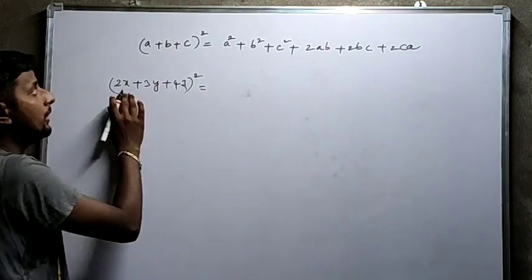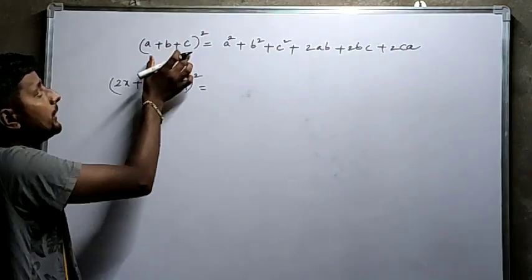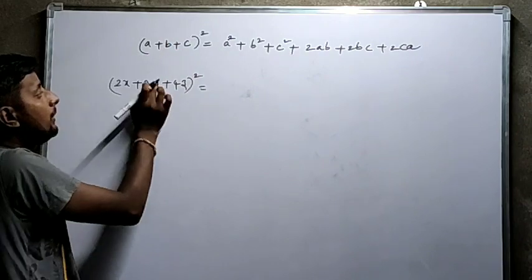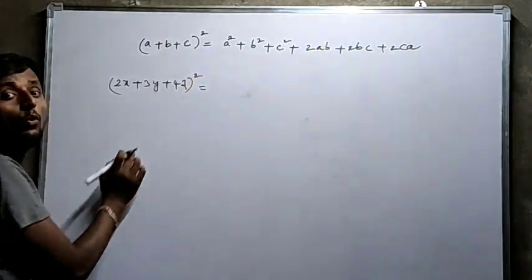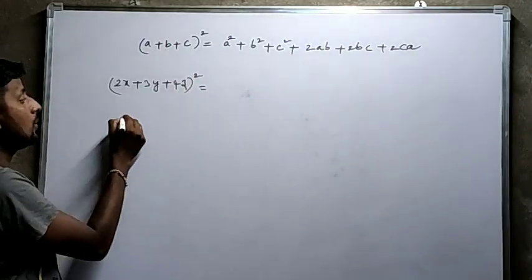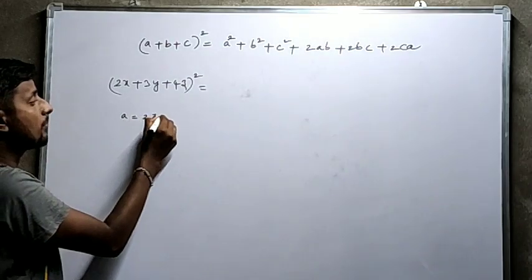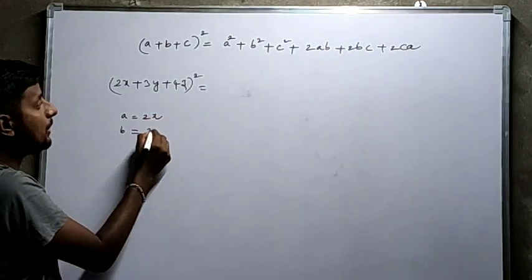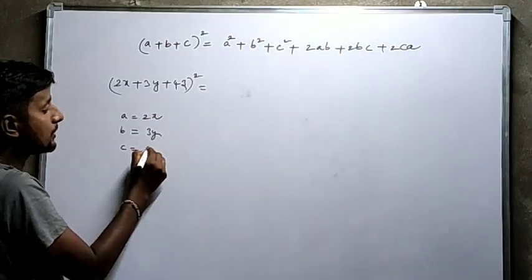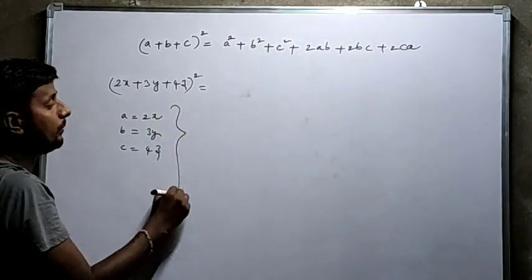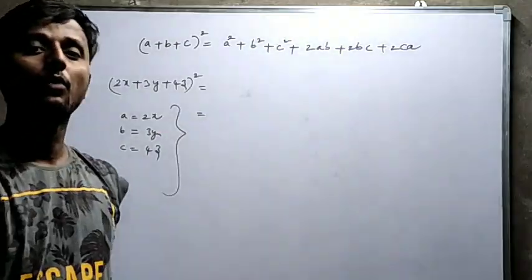If you compare the problem with the formula, the first term is A, the second term is B, the third term is C. So A is equal to 2x, B is equal to 3y and C is equal to 4z. Now try to substitute in the formula.